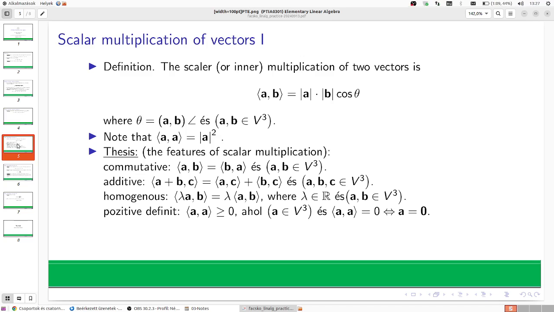This feature means there is one zero vector, and only one, and the scalar multiplication of a vector with itself is zero only if it's the null vector. The zero vector has no direction, say the notes. I say that it has omnidirection, so it looks everywhere, and the length is zero.